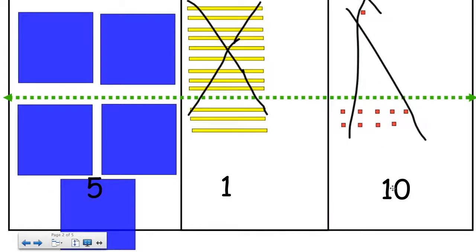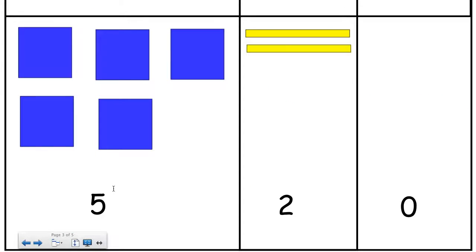Now we can change this to 0 since we don't have any more ones because they've moved over to the tens place value, and add 1 to get 2. After reorganizing and regrouping, this is what we should get. So now we have 5 100 blocks and 2 tens blocks to equal 520.